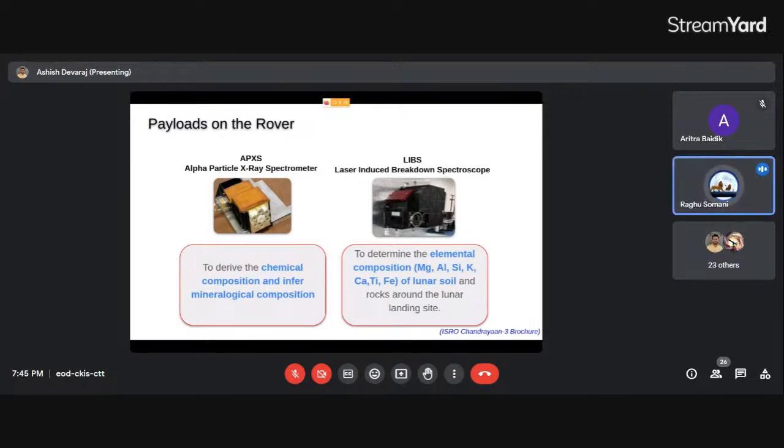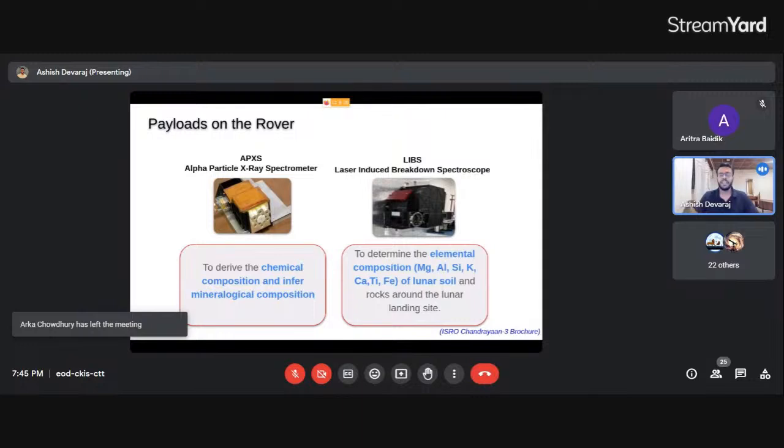Sir, can you explain how they shoot the laser? How do they shift the laser? Okay, this instrument is mounted in such a way that it faces the lunar surface, and as the rover moves, it can sample different locations. It is not like you point the laser.